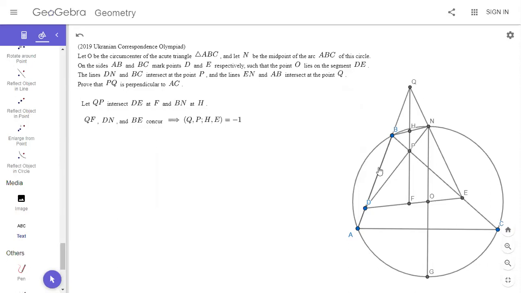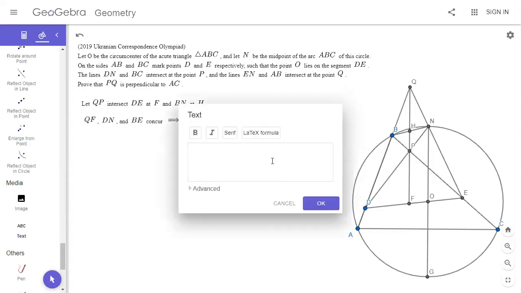And then also NAGC is harmonic. There's a whole bunch of ways to see that, but I'll just mention one way. Kind of like you said, NA times GC is equal to NC times GA. That implies that NGCA is harmonic.